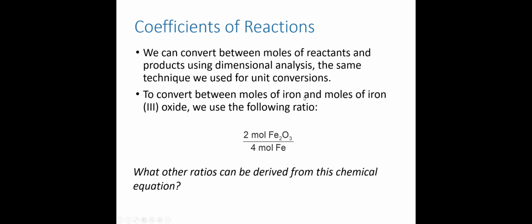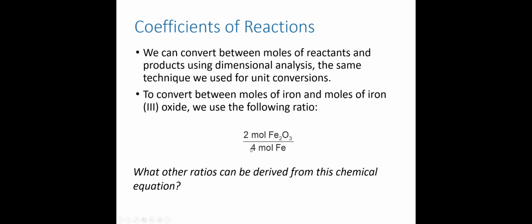So using the balanced equation that we just saw on the last page, we said that 4 moles of iron will make 2 moles of iron(III) oxide. Notice I'm always reading from the denominator first because we know that this is the unit that will cancel, the unit in the denominator. What other ratios can we get out of this? Well, we can get the reciprocal. For every 2 moles of iron(III) oxide, I need 4 moles of iron.